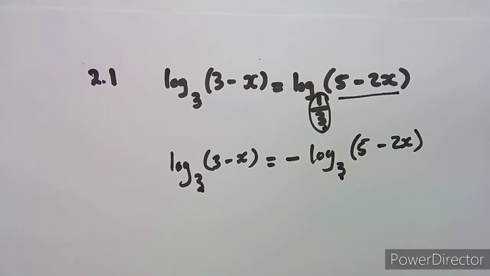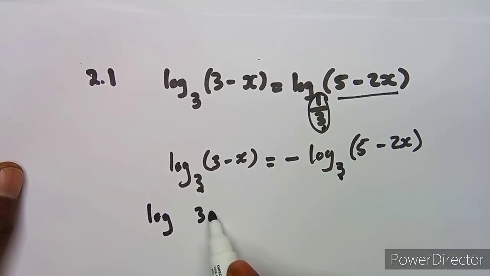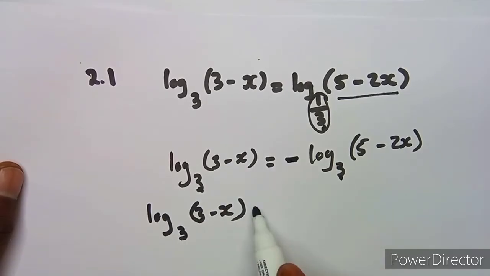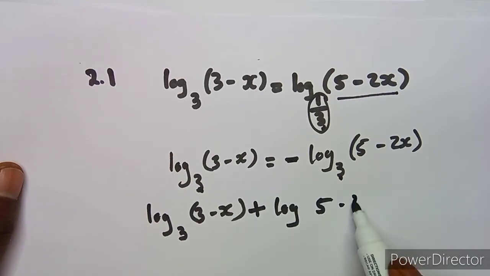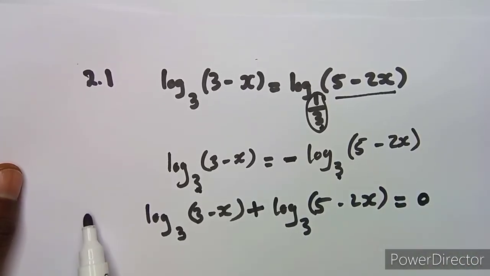Okay, this is it, guys. We can take this log to the other side of the equation, which is going to be log 3 minus x in base 3, plus log 5 minus 2x in base 3, which is going to give us a 0 here because we have taken this to the other side.